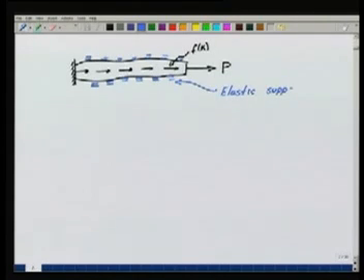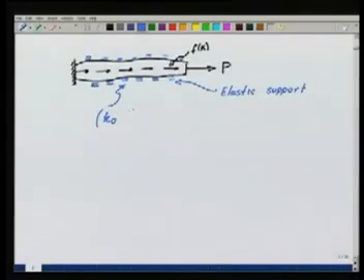but here the elastic support can be modeled as a distributed spring with a spring constant which changes with the position x. The spring constant will be given through a constant part plus something which depends on the displacement itself. Let us say I have this quadratic effect. So, this is a nonlinear spring.